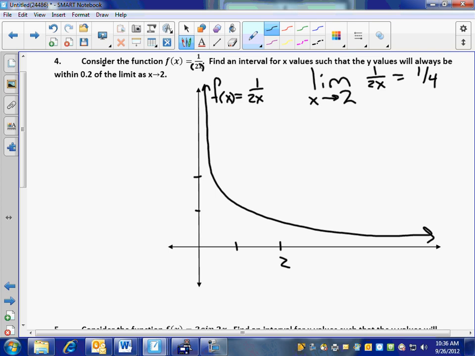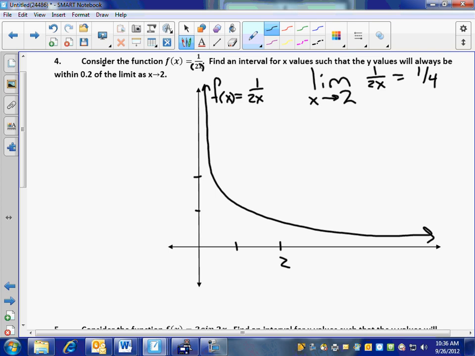We tried plugging in 3, 2.5, 2.1, 2.01, 2.001, and we got really close to 0.25. It's the y value, the output that you're approaching from the left and the right. And in order for the limit to exist, the left hand has to equal the right hand. Okay, so we have that.